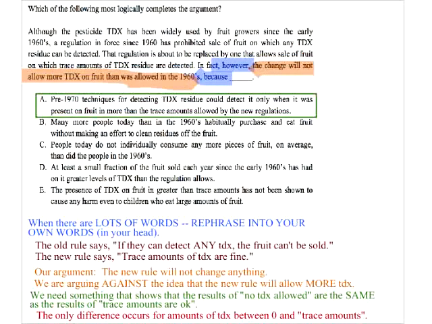Okay. The only thing that's different in this argument is for really tiny amounts of TDX, because for anything more than trace amounts, both rules are the same, so that's not an issue. So the only difference is that the new rule allows amounts between 0 and trace, and technically the old one doesn't. But what choice A says is that they couldn't even find amounts between 0 and trace. So that makes no difference.